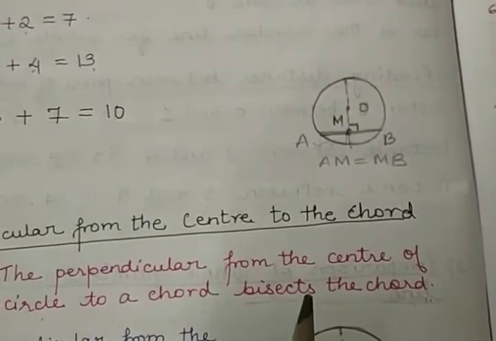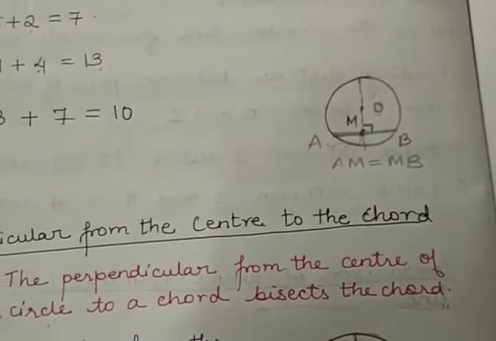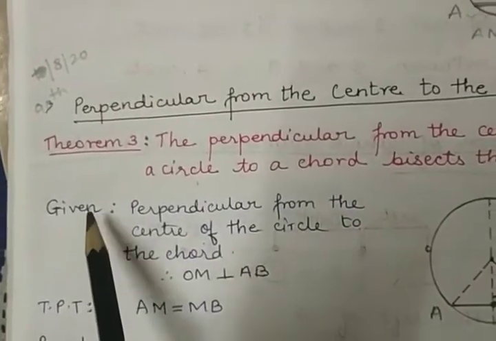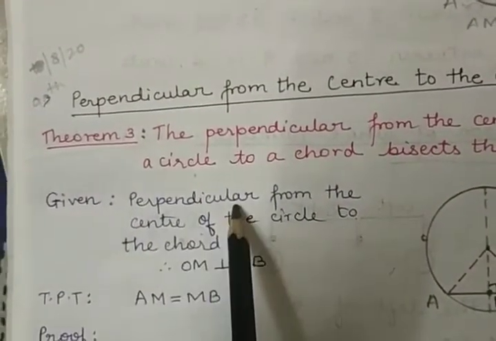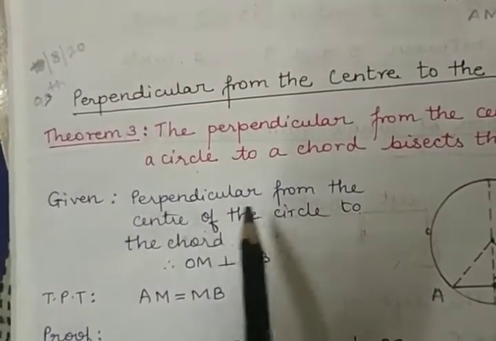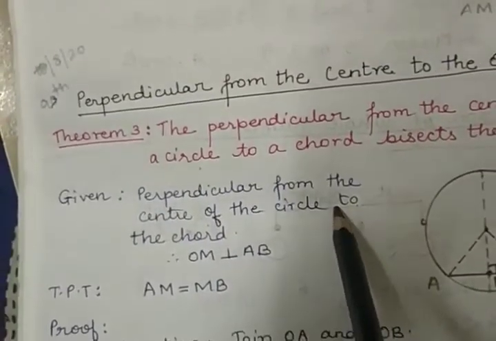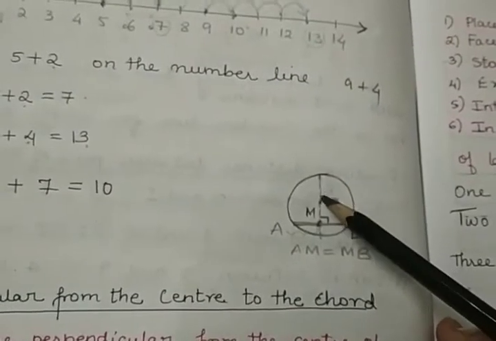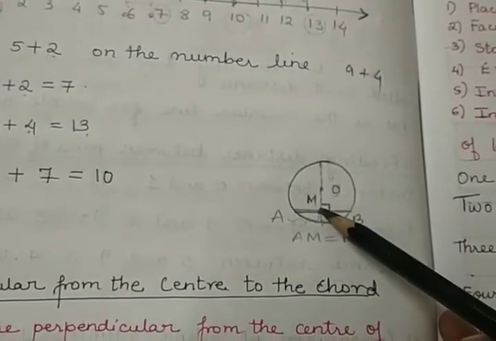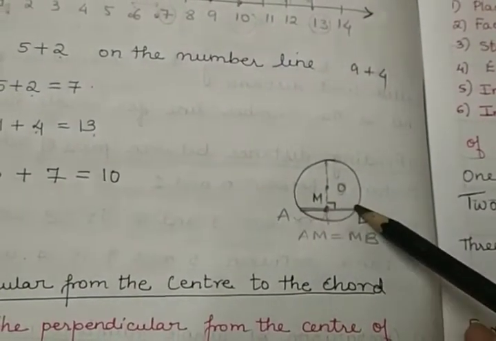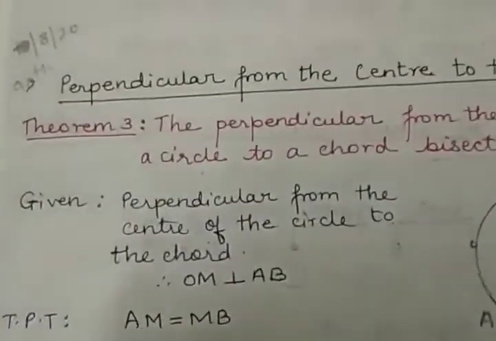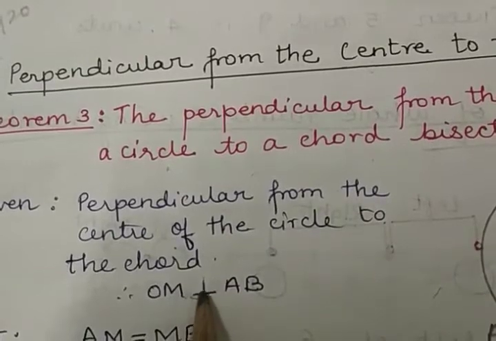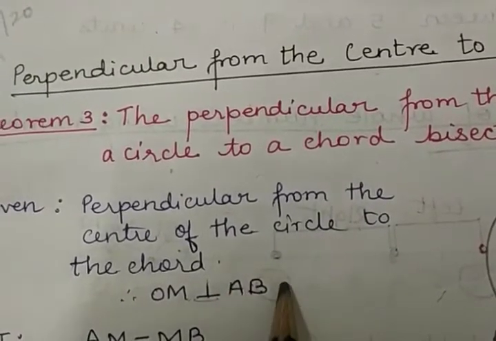So let us see how to prove this. First let us write down what is given to you. It is given that there is a perpendicular drawn from the center of the circle to the chord. Since it is a perpendicular, this OM will be perpendicular to AB. Mathematically, OM ⊥ AB, where the symbol stands for 'is perpendicular to'.